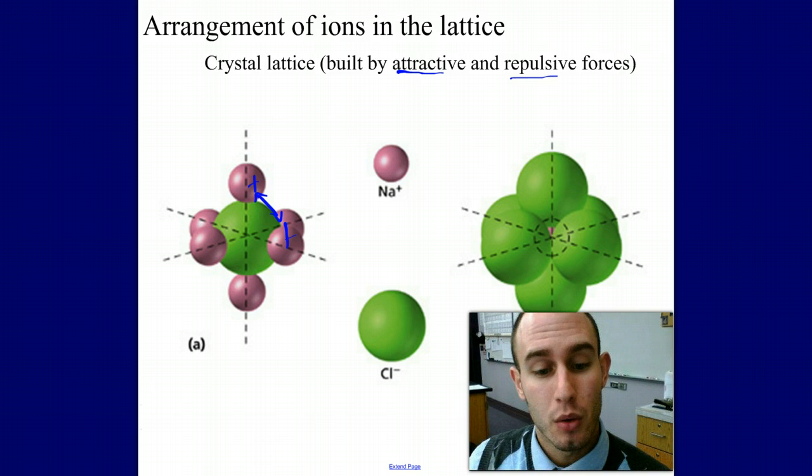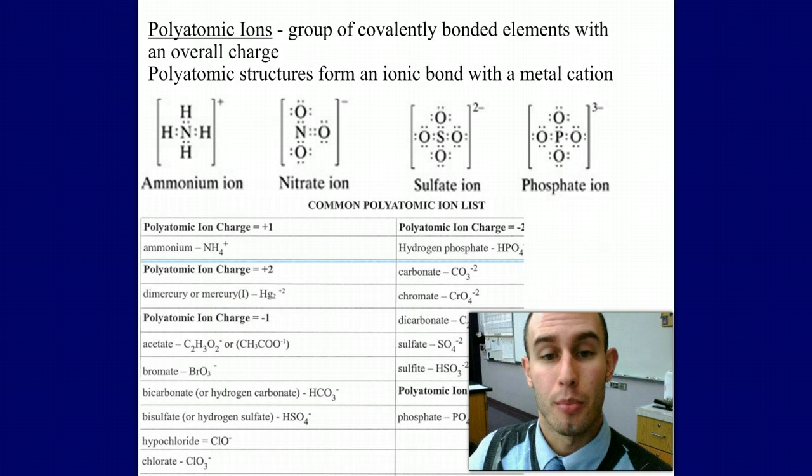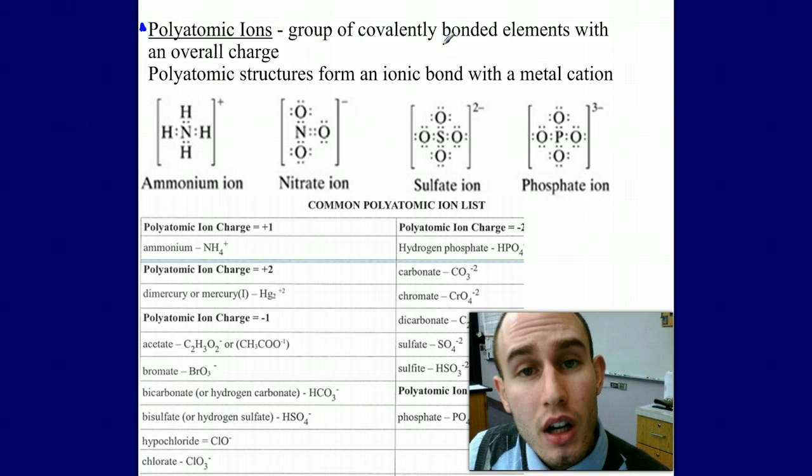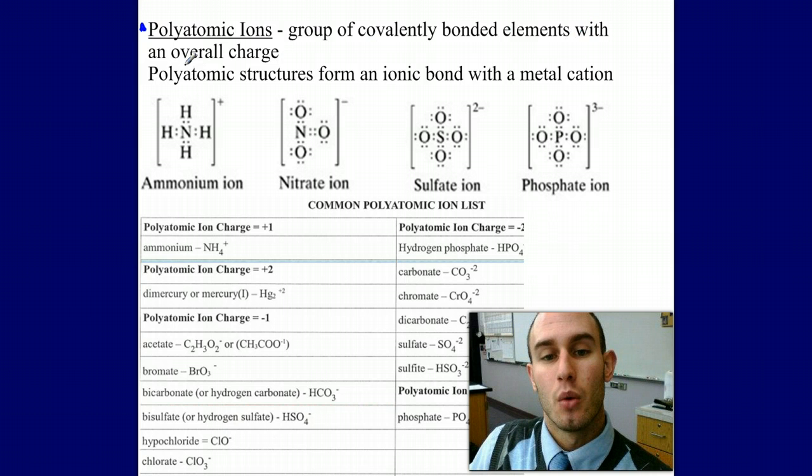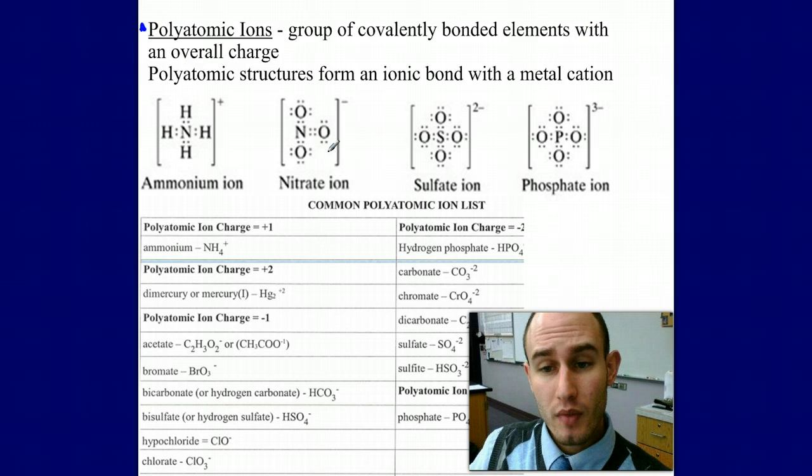The last thing we want to talk about here that you need to know are polyatomic ions. These you're going to have to memorize. So a polyatomic ion is a group of covalently bonded elements with an overall charge. So this example here, nitrogen, this is NH4, ammonia, or ammonium, with a positive charge.